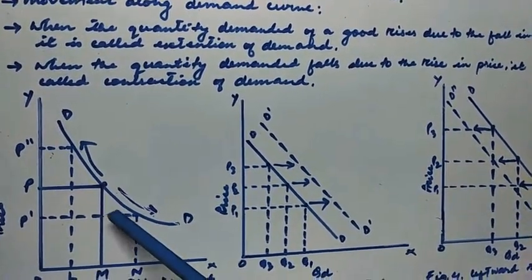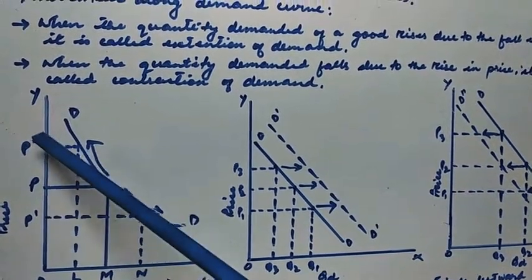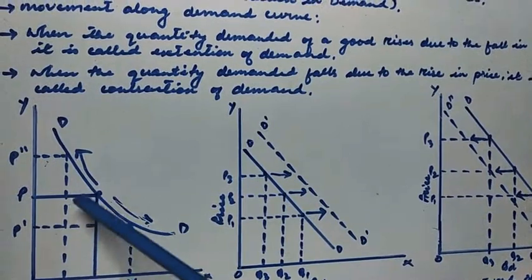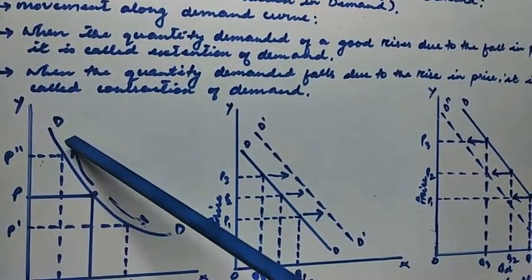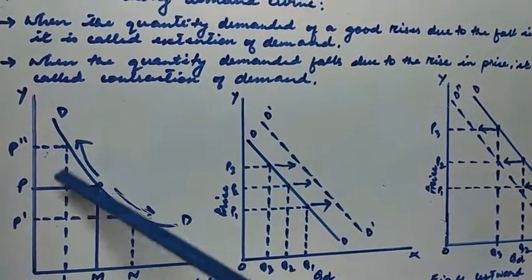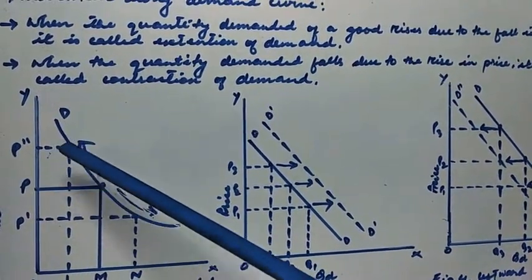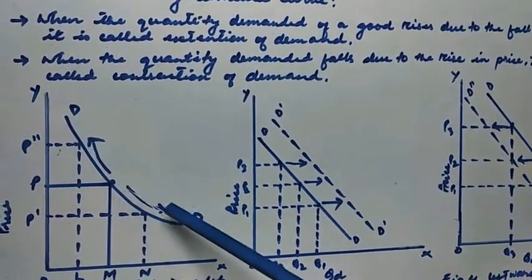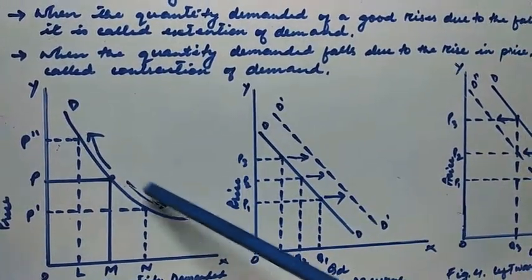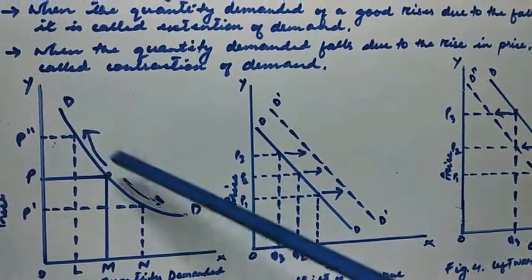And if the price of the commodity increases, then quantity demanded will fall, which means you are moving upwards along the demand curve.